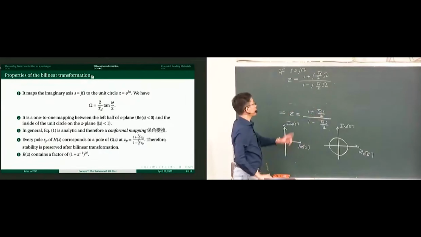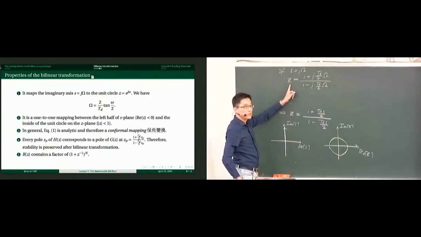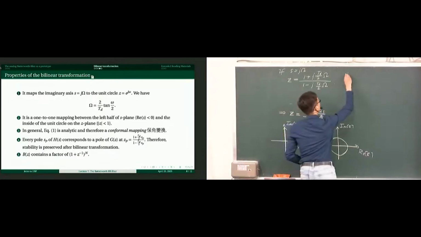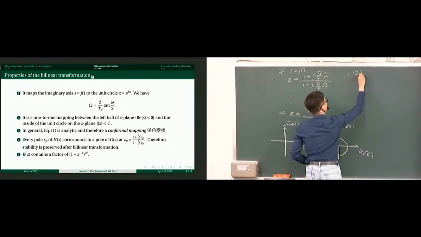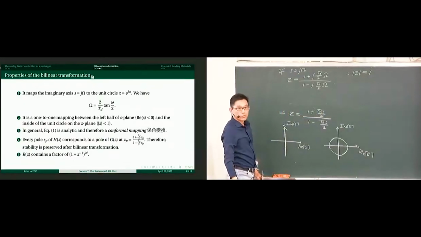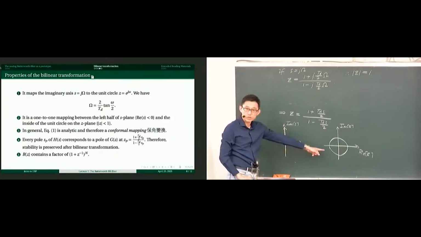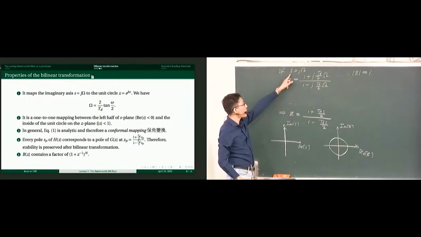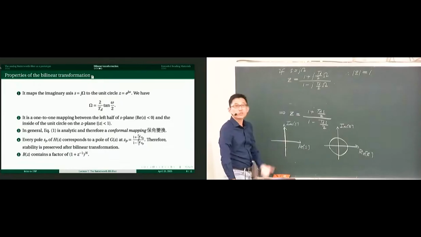And it's rather easy to show that Z, first of all, has a length of 1. So by this very simple argument, we have already shown that the imaginary axis is mapped to the unit circle. That's what we are showing.